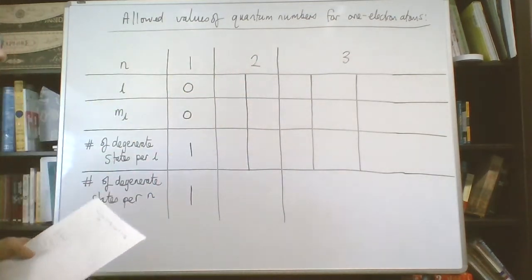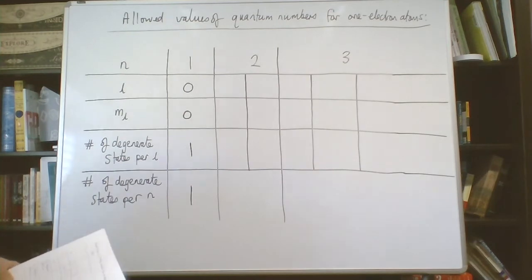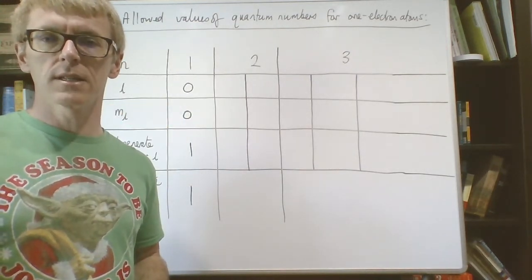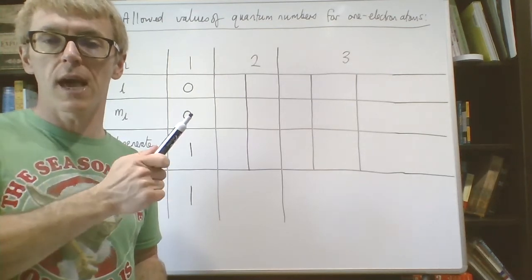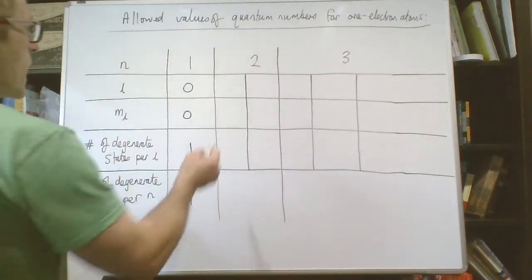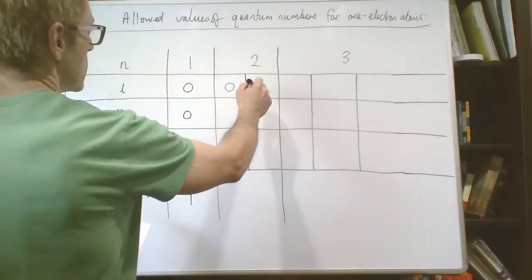For shell 2, or energy level 2, we'll look at your periodic table. If you go right across your periodic table, you'll notice there are only 8 elements, and they're either in the s block or the p block.